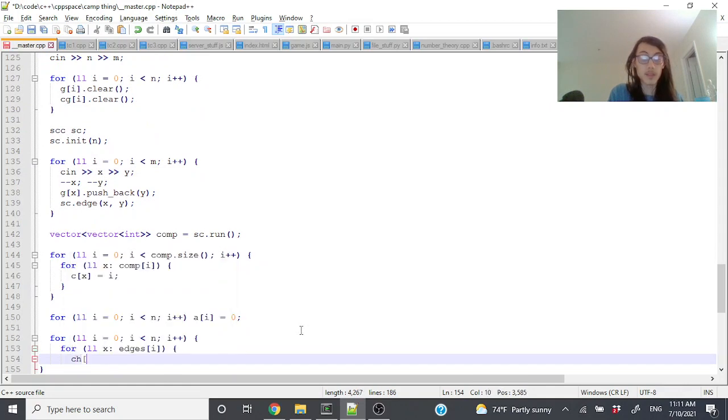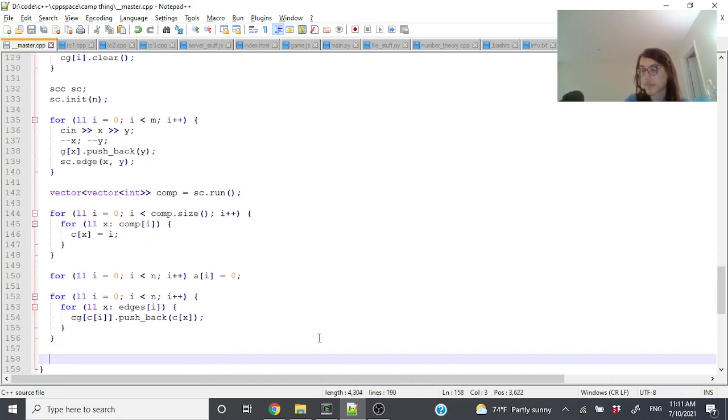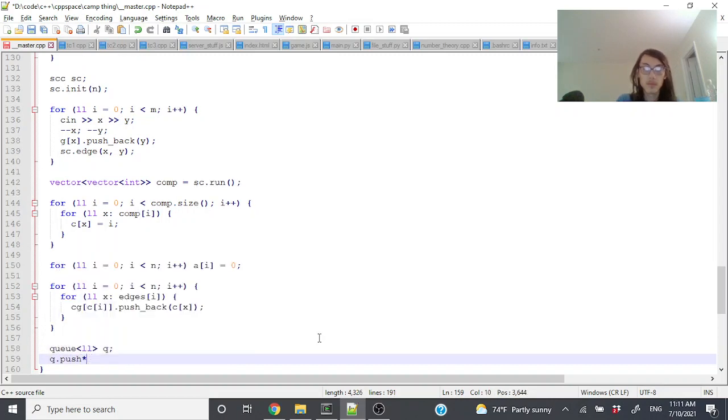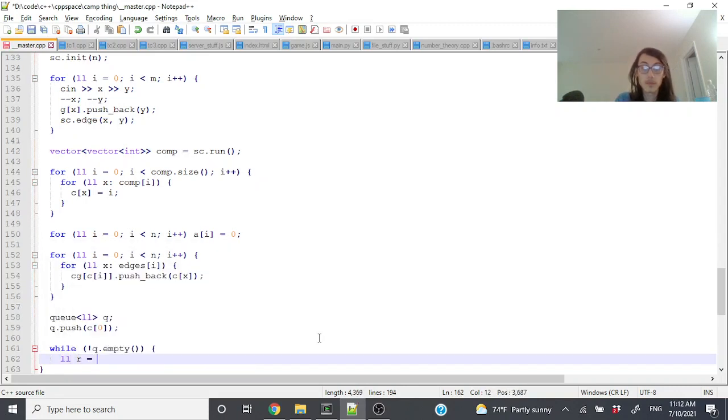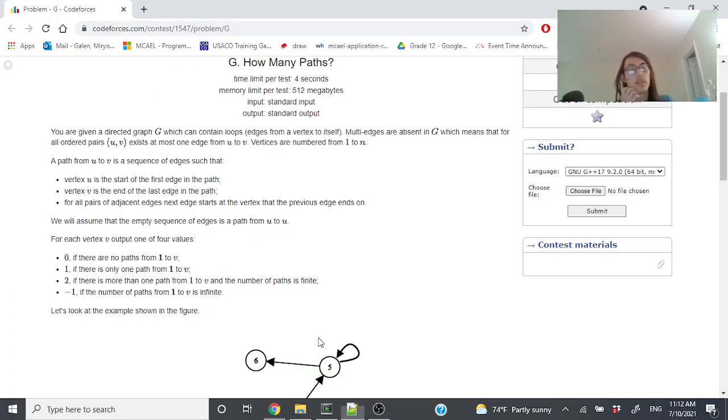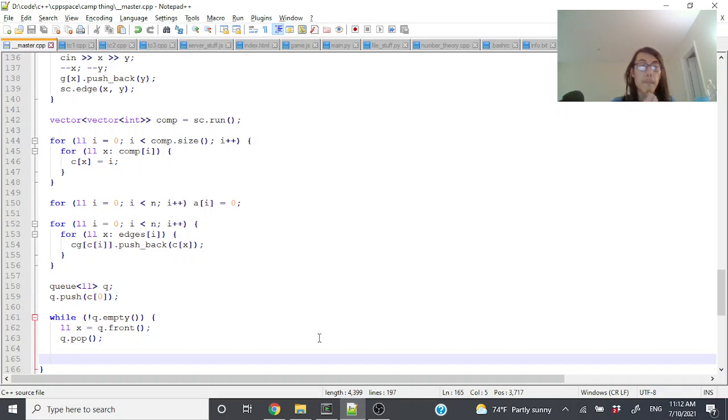Edges, CG CI dot push back. Q.pop. Okay, now we say x equals q dot front, then we have q dot pop.